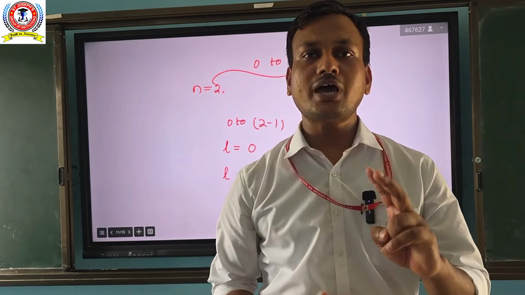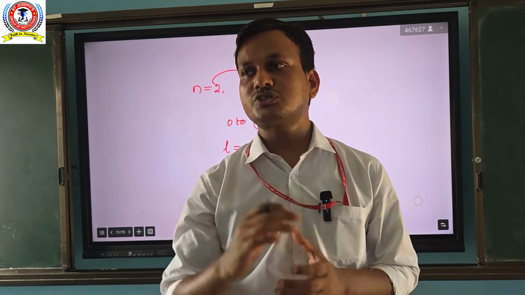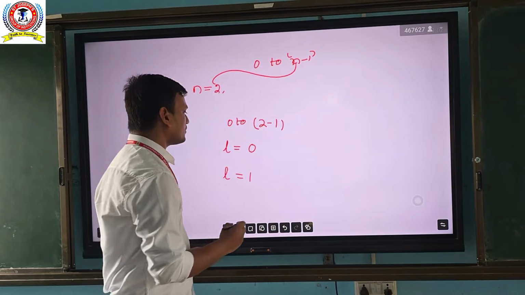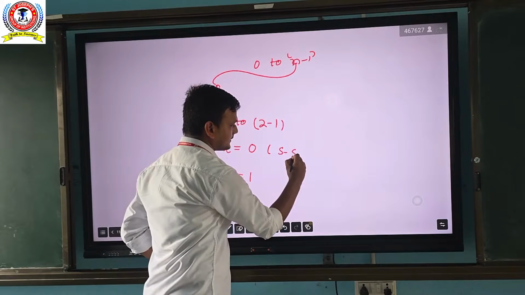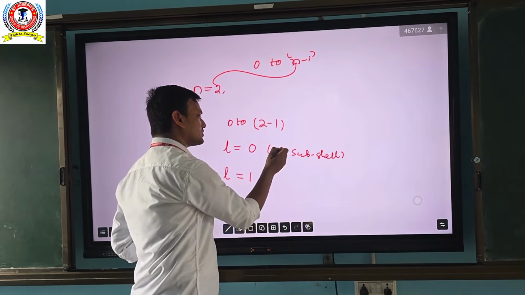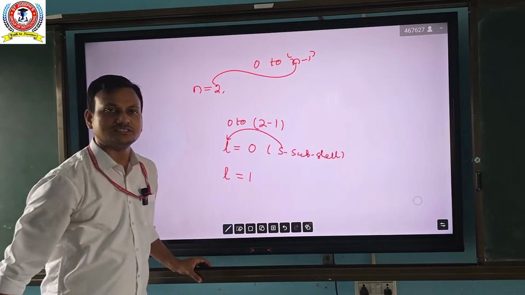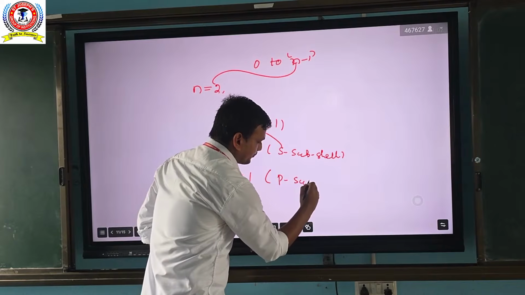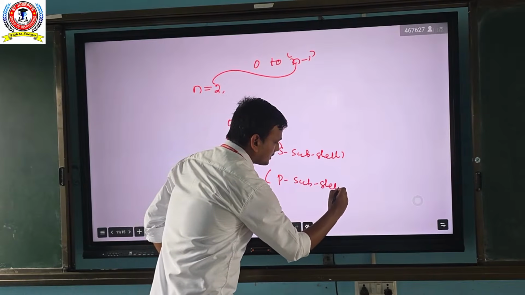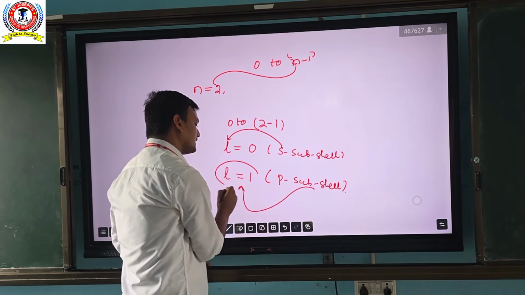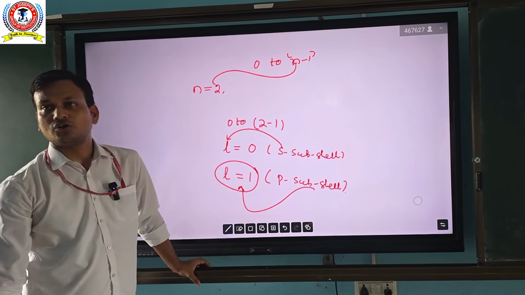Since two values come, two subcells are present in the second cell. When L is equal to 0, that means the S subcell, or alternatively, for the S subcell the value of L is equal to 0. L is equal to 1 means the P subcell, or for the P subcell the value of L is equal to 1.